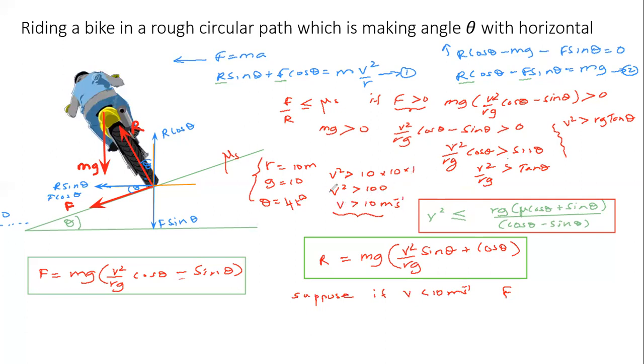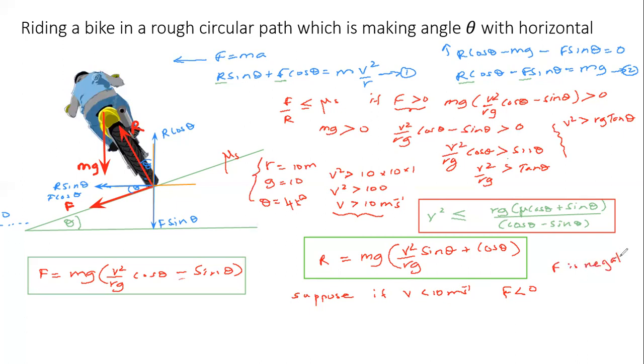So we can see that if f is greater than 0, then v is greater than 10 m/s. Otherwise, if v is less than 10 m/s, then f becomes negative.